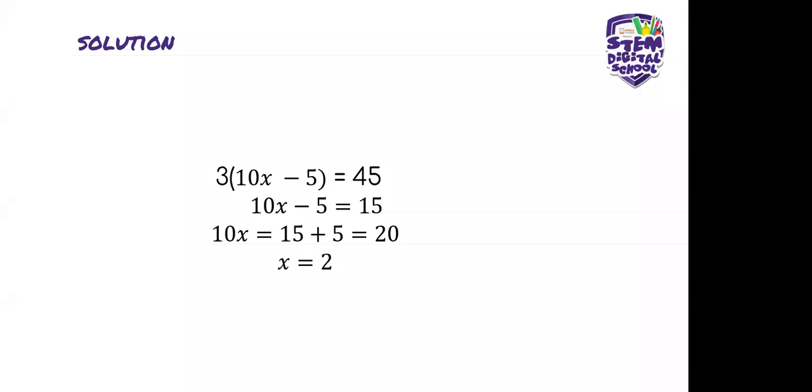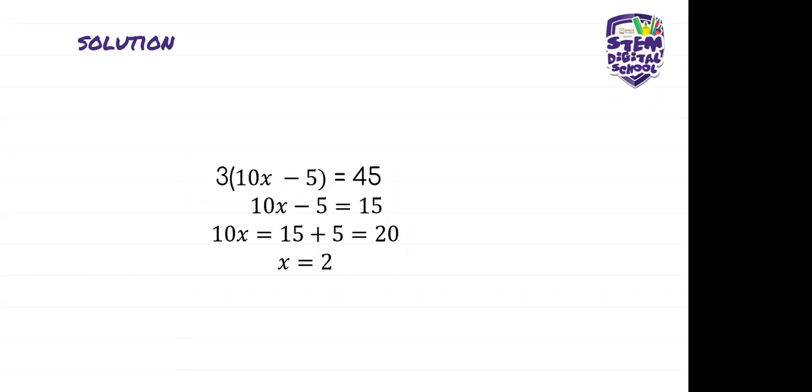So in other words, you divide both sides by 10. If you divide 10x by 10, you will be left with x. And if you divide 20 by 10, you get 2. So x will be equal to 2. And this is how you solve this equation.